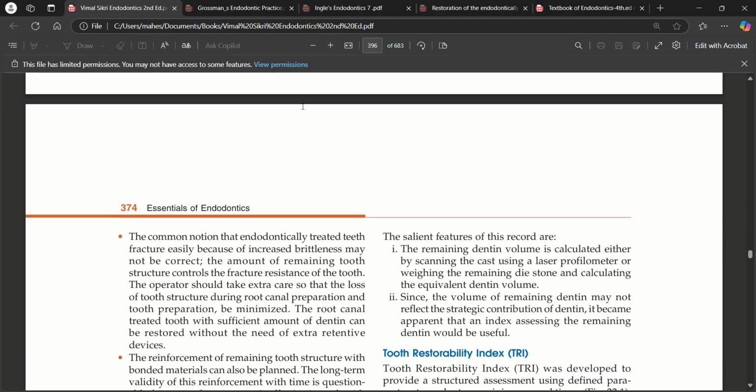The common notion that endodontically treated teeth fracture easily because of increased brittleness may not be correct. The amount of remaining tooth structure controls the fracture resistance of the tooth.